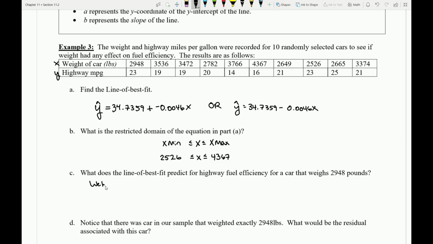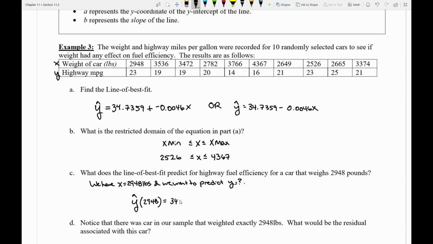So I'll state that we have an x that's equal to 2,948 pounds, and we want to predict what y is going to be equal to. So specifically here, we're going to go ahead and use our formula y hat. And in that formula, we're going to plug in 2,948 wherever we see x.